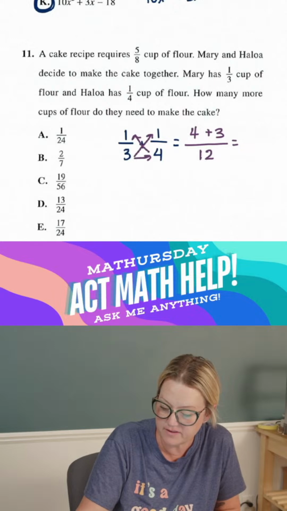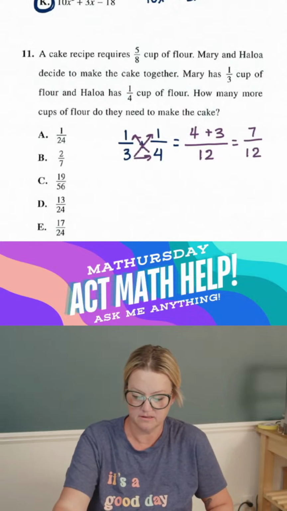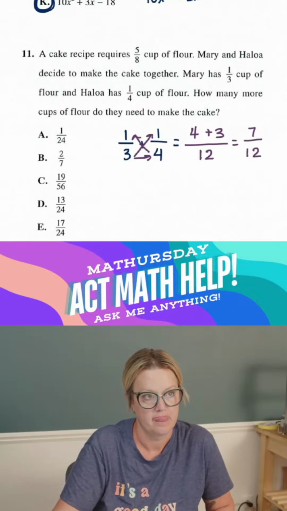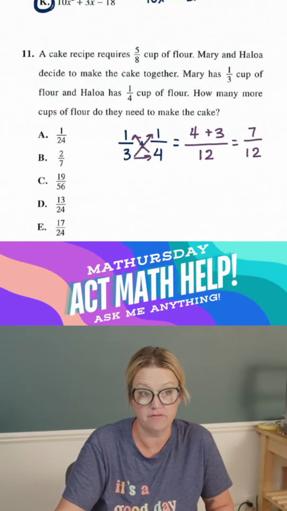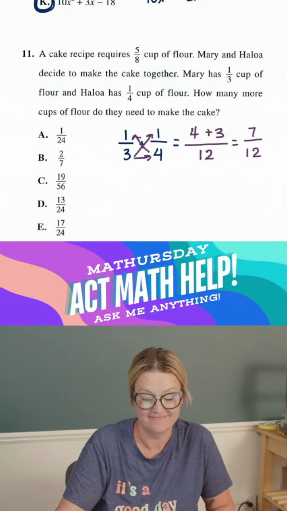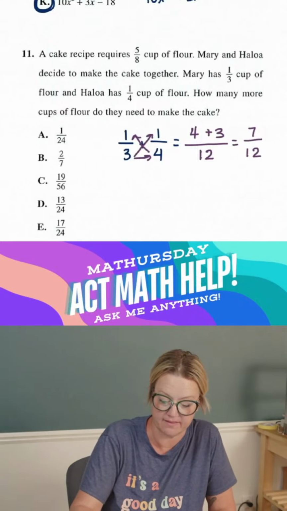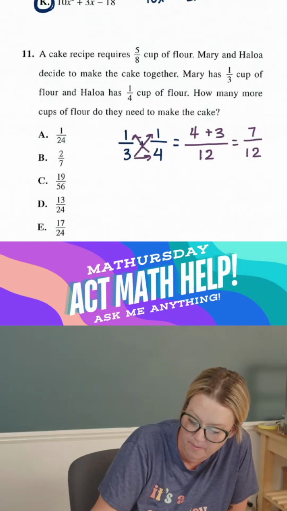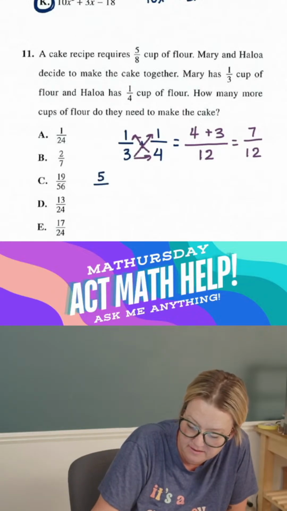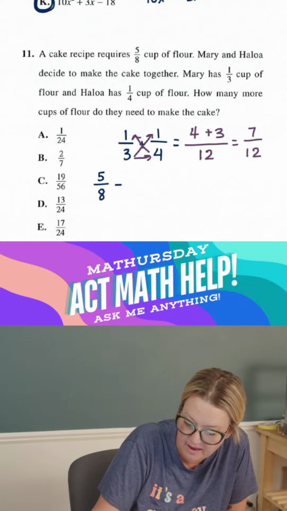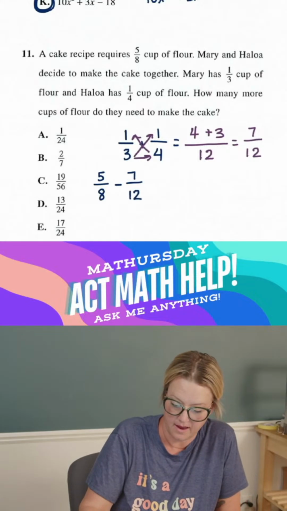So what we have is 7/12 cups of flour. Okay, that's how much we have. So 7/12 of a cup of flour, but we need 5/8. So now what we're going to set up is 5/8 minus 7/12. Okay.